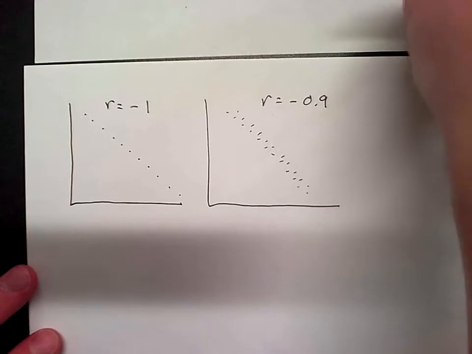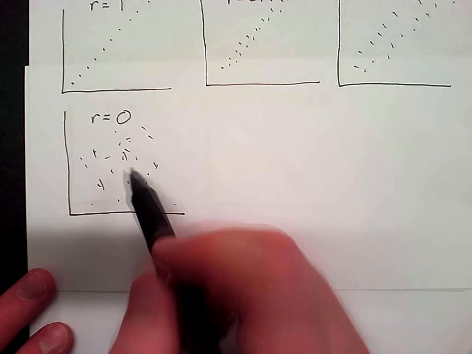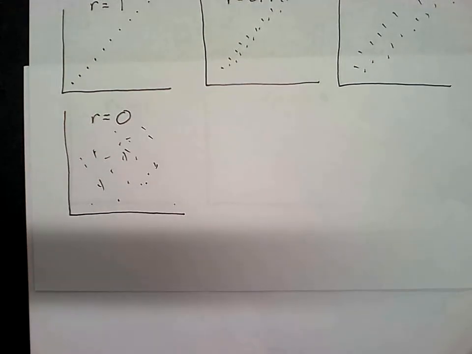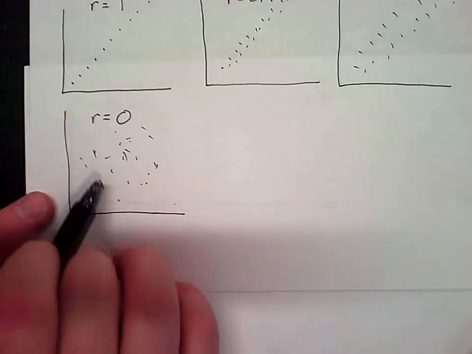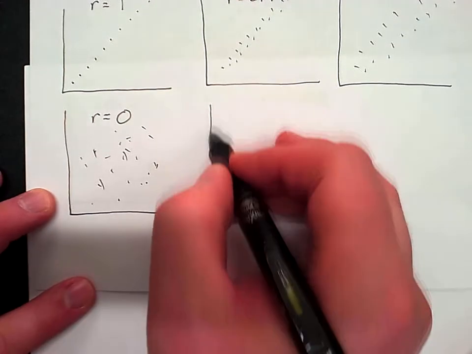If we have a correlation coefficient of 0, the best way to think about this is that this data is not best described by a straight line. Right? Here, this data right here is not best described by a straight line.